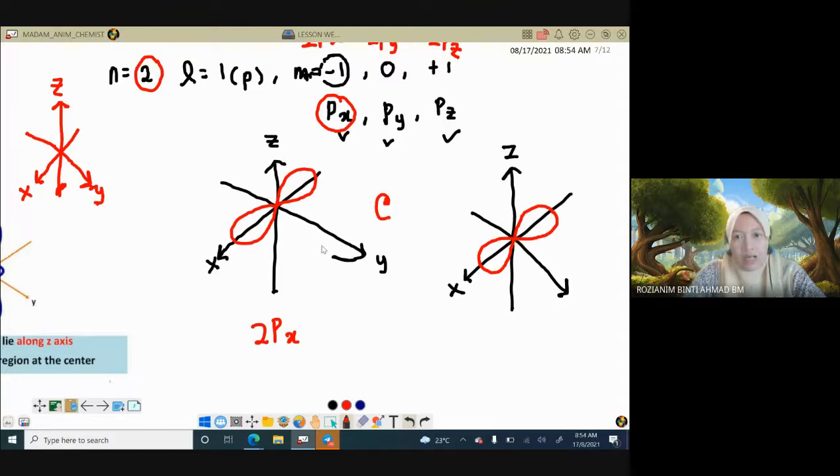Either kita biarkan dia open space ataupun you shaded the dumbbell. Mana pilihan saya? Saya lebih memilih untuk kamu shaded the dumbbell of the shape. And then we label 2PX. So saya nak pilih yang ini. Boleh? Can you follow? Kita pegang satu, senang.